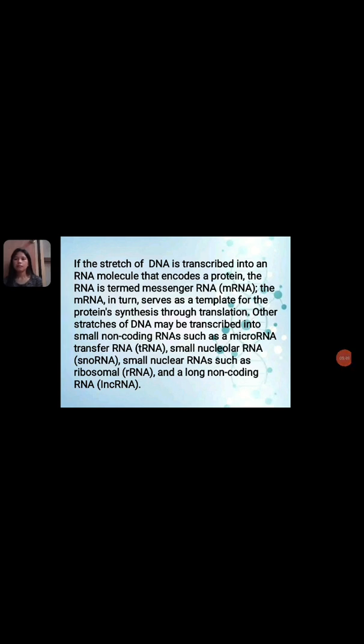The messenger RNA in turn serves as a template for protein synthesis through translation. Other stretches of DNA may be transcribed into small non-coding RNA such as microRNA, transfer RNA, small nucleolar RNA, small nuclear RNA, ribosomal RNA, and long non-coding RNA.